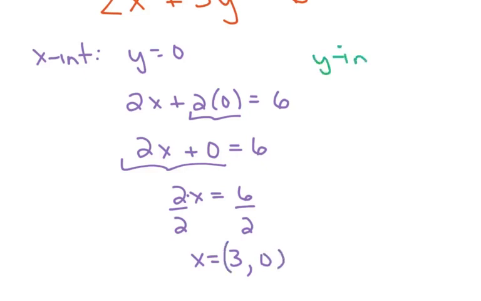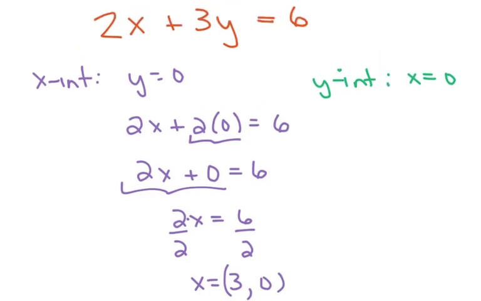The y-intercept: the x-coordinate of all of our y-intercepts was 0. So we'll plug in 0 for x. 2 times 0 plus 3y equals 6. I'm going to skip a step here.